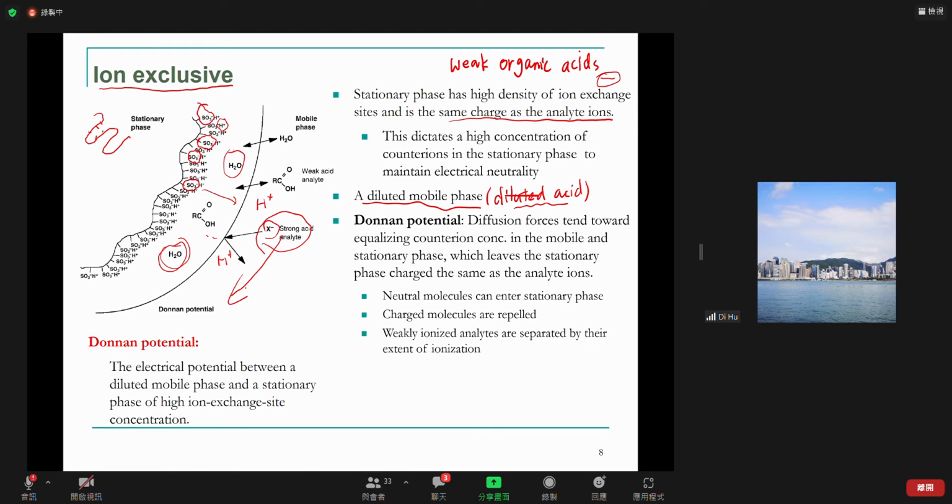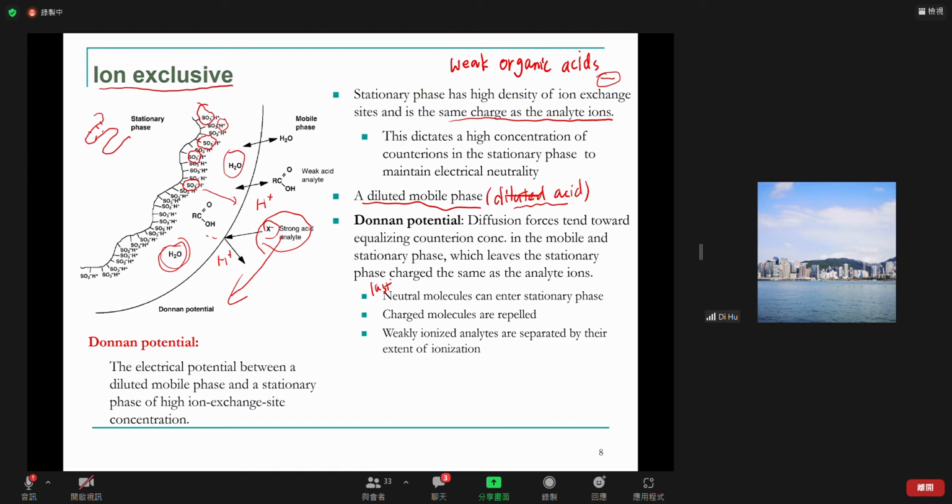And for those weakly ionized ones, not that weak, for some in between, some of it can be charged and a portion of that is the neutral form, because it depends on the dissociation of this weak acid. So you have different diffusion and retention into this water layer, and then it comes out in between. The neutral molecule can enter the occluded water layer, so it comes out last, okay?